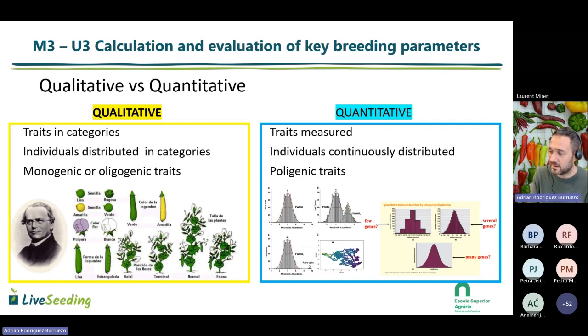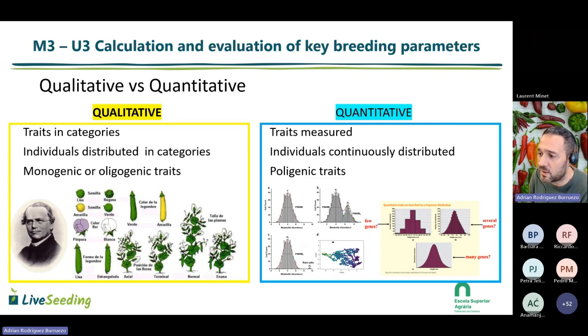Remember Mendel's peas. The seeds of the pea could be green or could be yellow, could be hard epidermis or could be soft epidermis. The color of the legume, green or yellow.